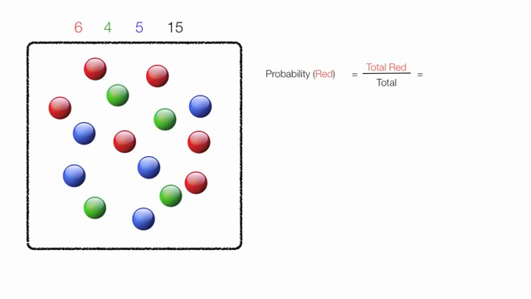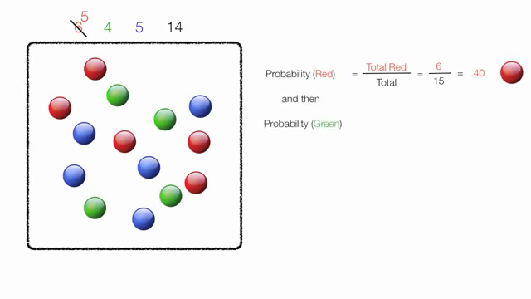This is equal to 6 red marbles out of a total of 15 marbles. And this equals 0.40. Now I pick a red marble and I don't put it back, without replacement. Now I have 5 red marbles and 14 total marbles.